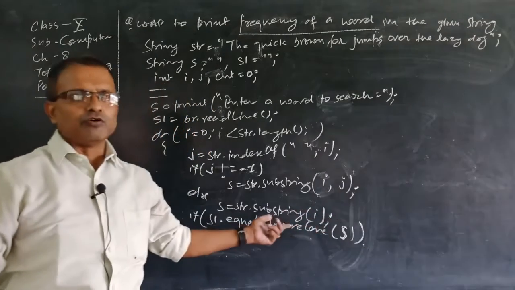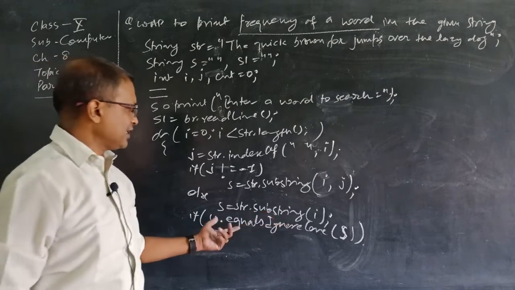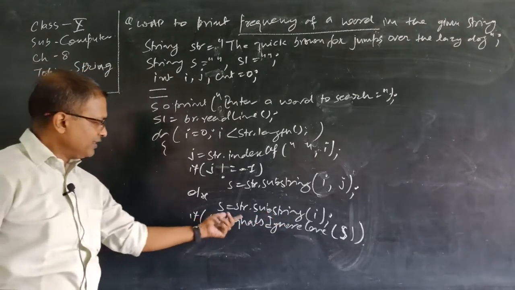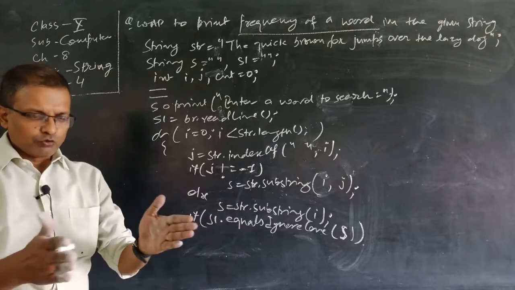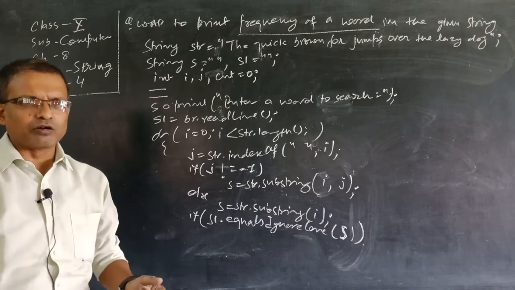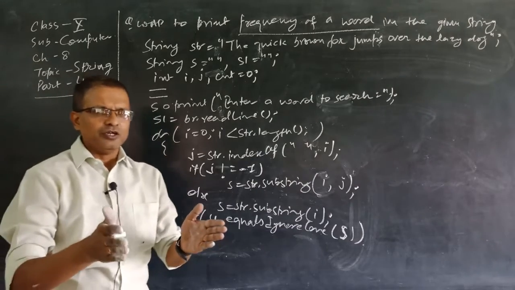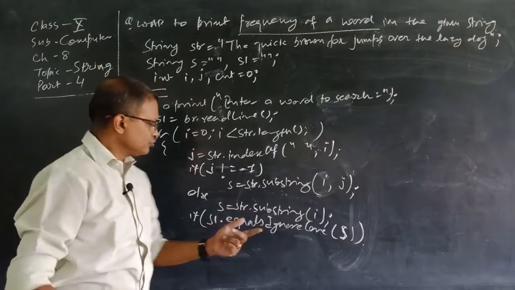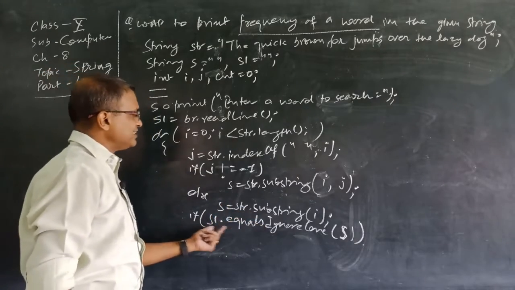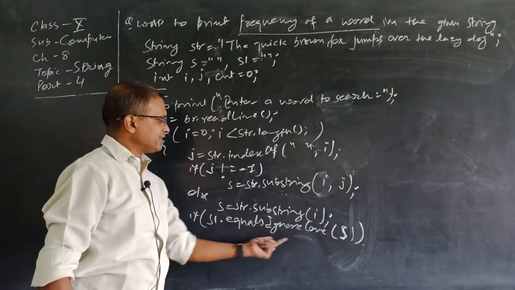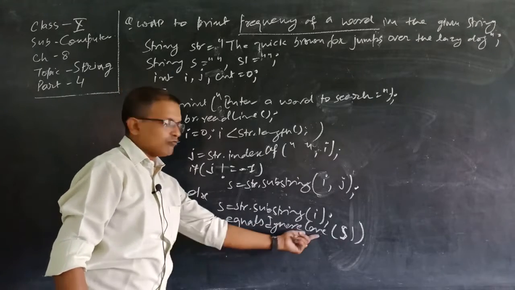In the last video, when we were discussing equals and compare to function, I told you that equals function is used to compare the two strings for equality, whether the two strings are equal or not, and compare to is used to check whether the first is smaller, greater or not. So here exactly we have to compare whether S1 is equal to S. So we have used equals function, and to ignore the case sensitivity, the function is equals ignore case.